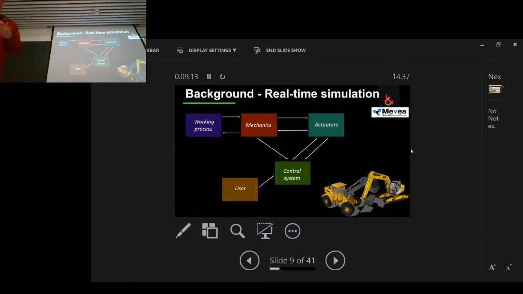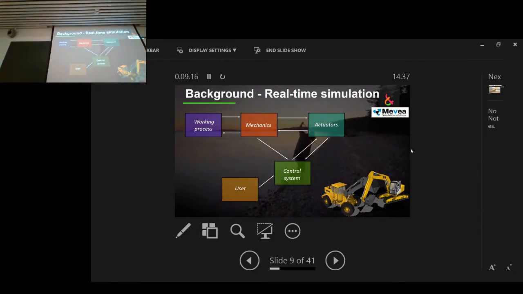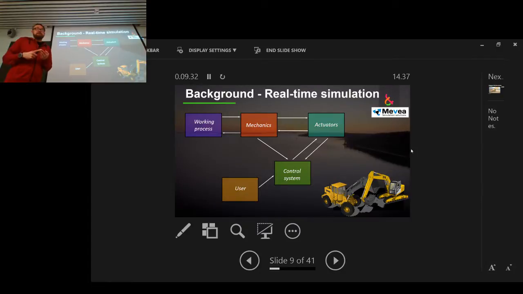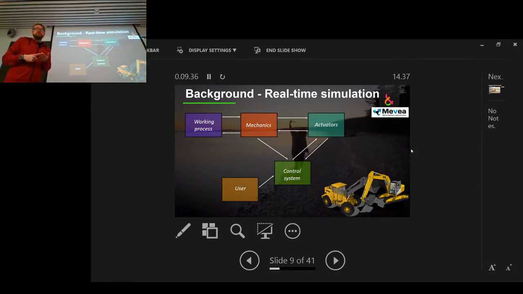Of course, it's a bit more complicated than that when you do the real simulation, but the idea is still the same. The important thing now is that the models associated with mechanical components must be combined with the actuator models. There can be many different means of actuation. Often it is hydraulics, but it could be pneumatics, water hydraulics, electric drives, you name it.